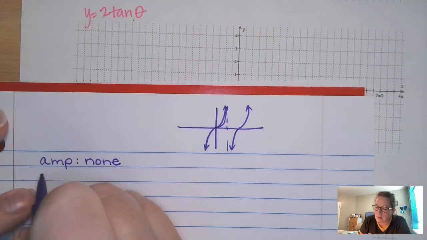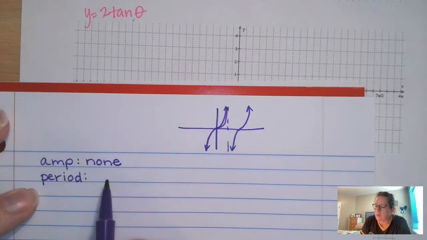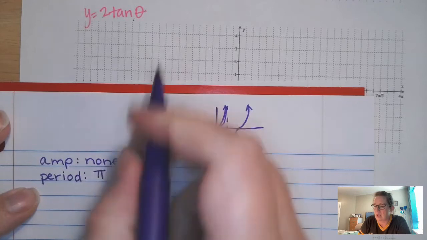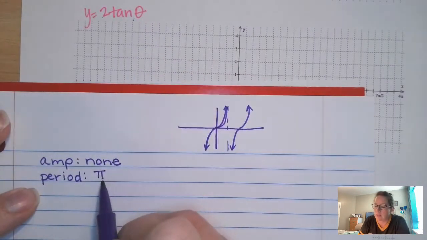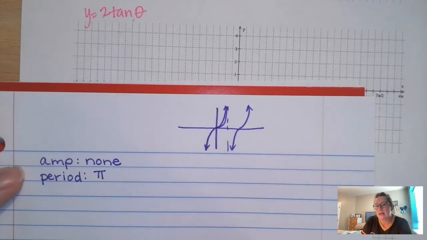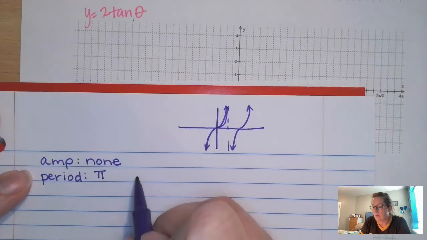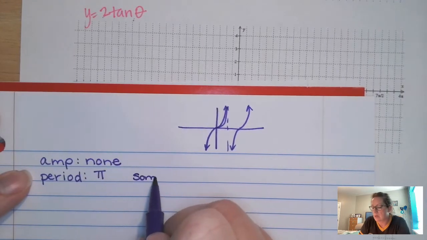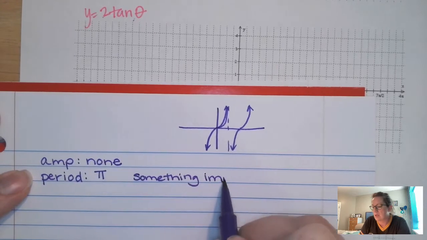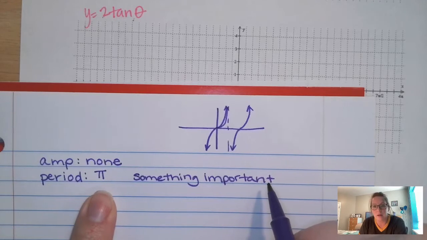The period, instead of always taking 2 pi and dividing by that coefficient with the x or the theta, we are going to take pi and divide it by, in this case, just 1. So 1, we get 180. And then in sine, cosine, secant, cosecant world, we took this value and we found that something important was happening every this divided by 4, right?